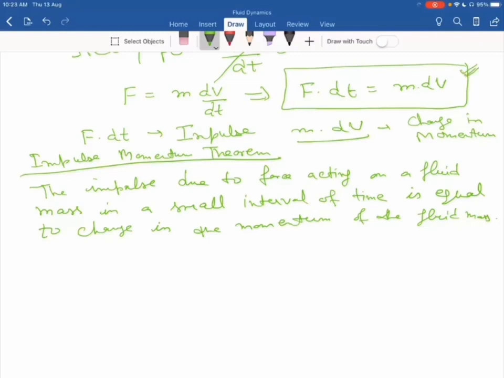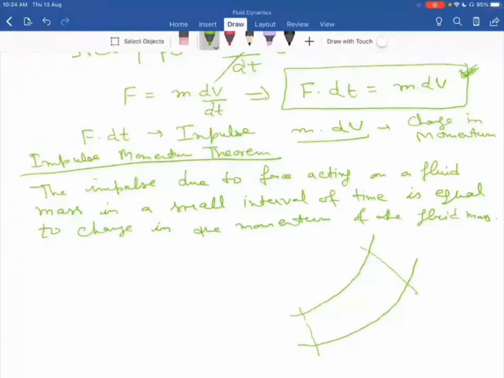Now I use this equation to find the force exerted by fluid on any bend. That means, say, I have a pipe like this. This is one section, this is another section.